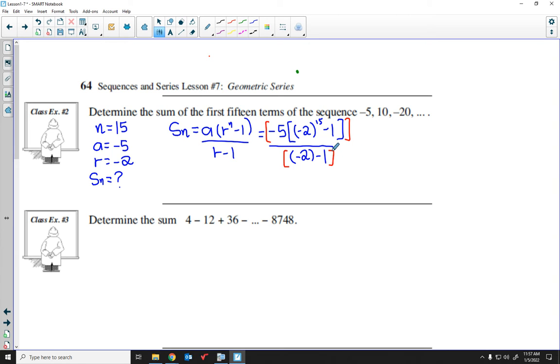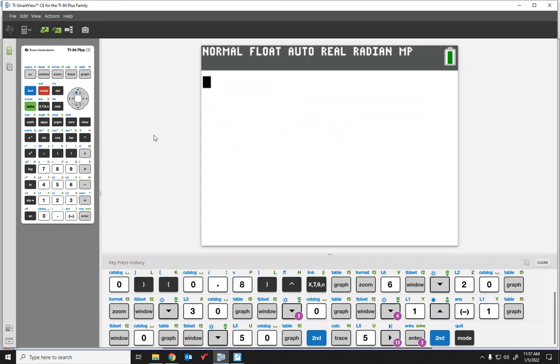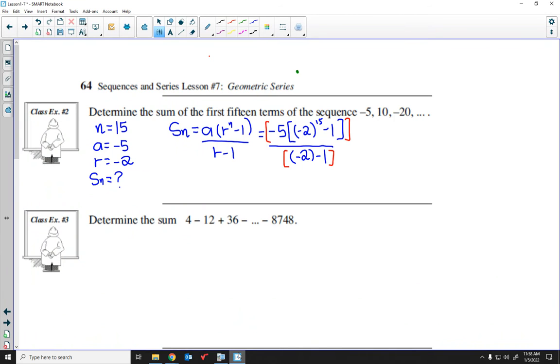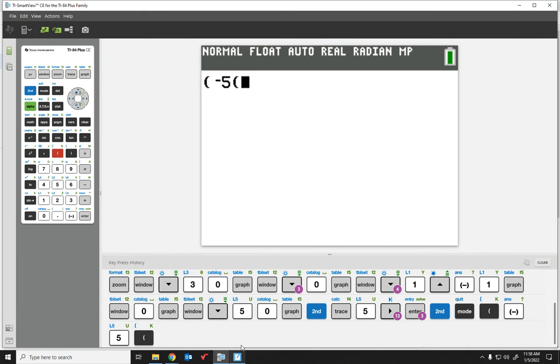And then let's go ahead and plug this in. Okay, so the top, we would have -5. And then in brackets, we're going to open the bracket up here. I'm just following the bracket placement that I have. So -5, and then I have -2, all to the power of 15.